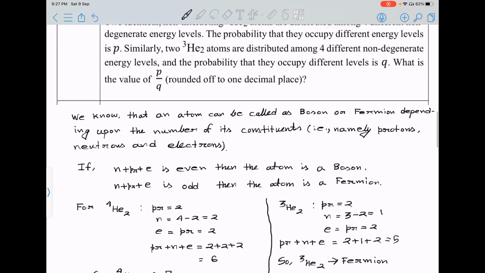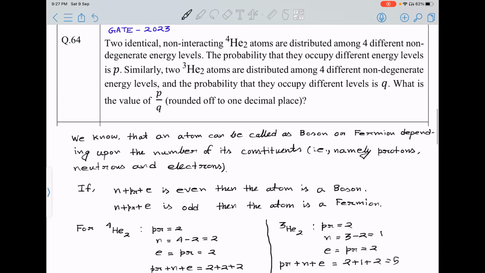Now again let us go back to the question. Here it states that these atoms are to be distributed among 4 different non-degenerate energy levels.